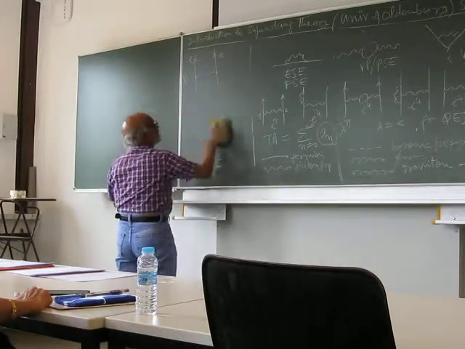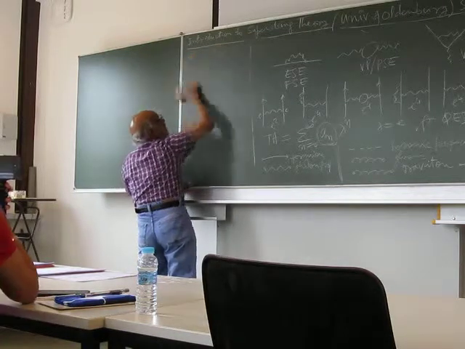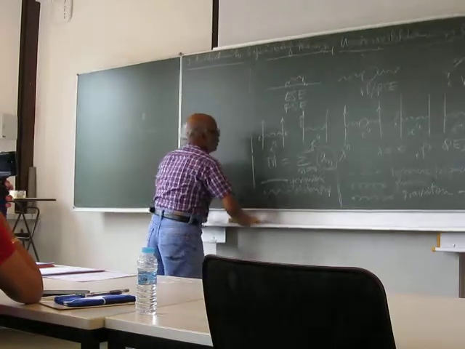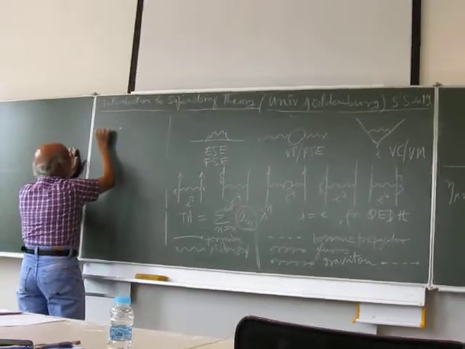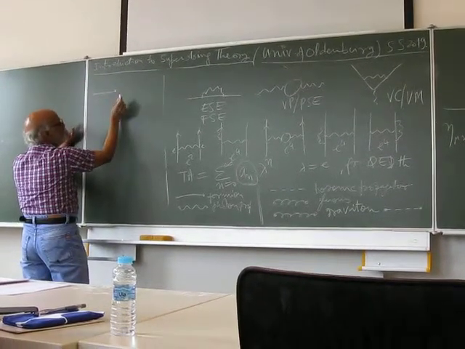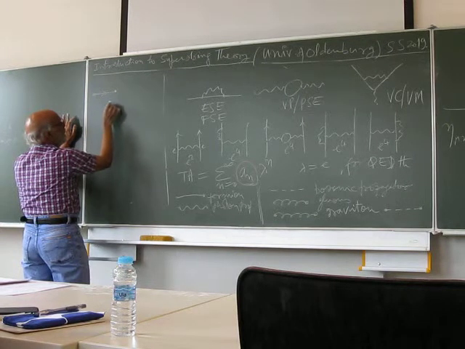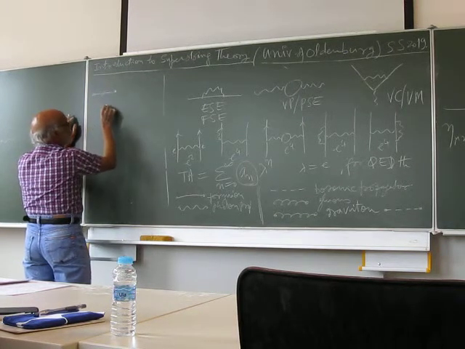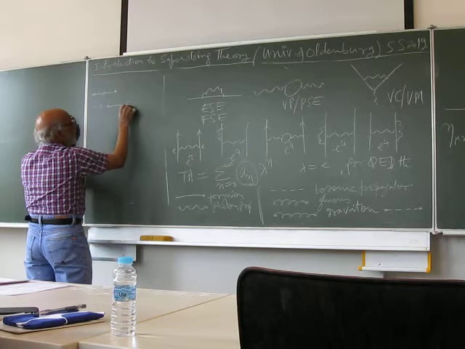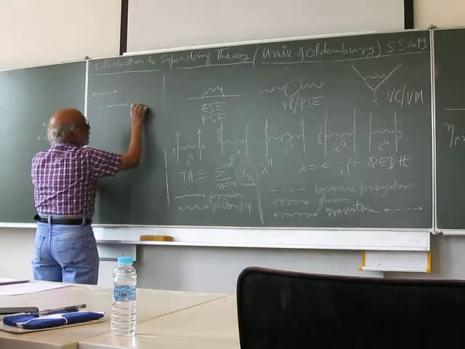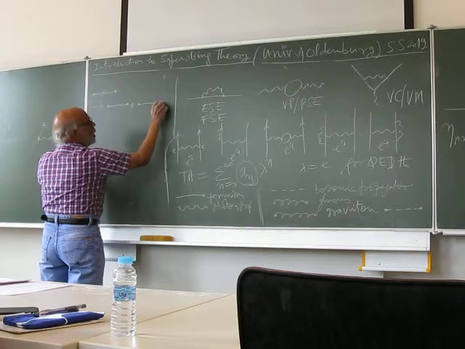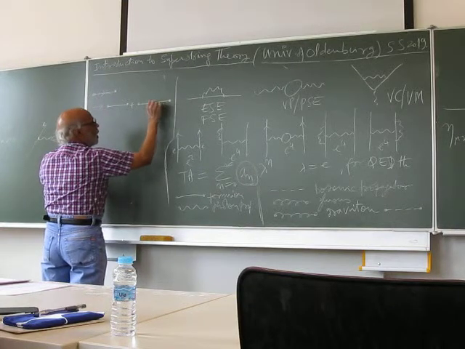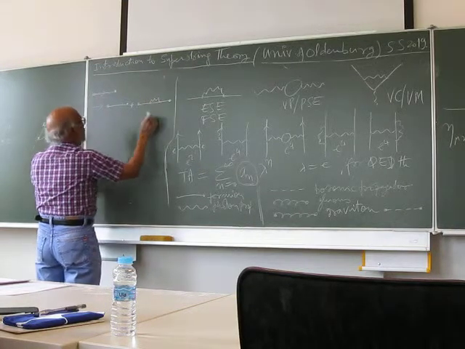Let me just state here the result which we will talk about later. So here is a propagator, a fermion propagator, and it goes to this plus this.